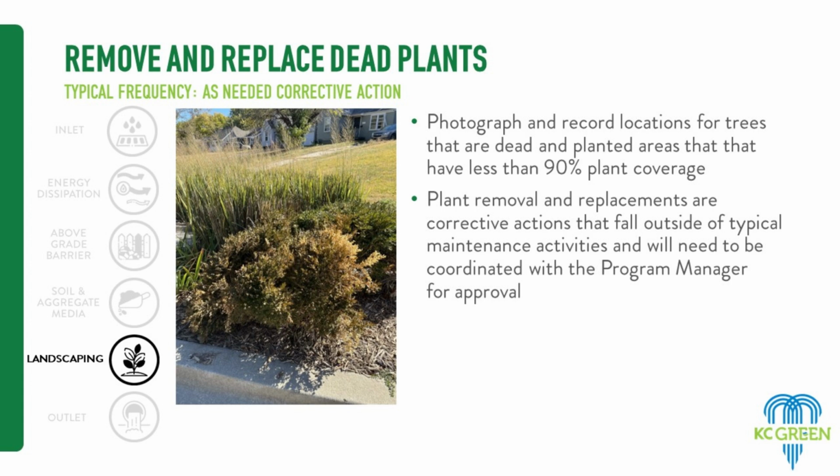This helps us identify where we need to plan for replacement plants, because realistically, we don't have enough money to replace all the plants we need in every single basin. We want to identify where the bigger problem areas or gaps are, so that we can start to fill those in. That's what a big chunk of that allowance fund is intended for: replacement plants where we've got a lot of die-off. By you guys recording that in the app as you're out there, that helps us document those hot spots, those bigger zones. So that's an important piece for us.